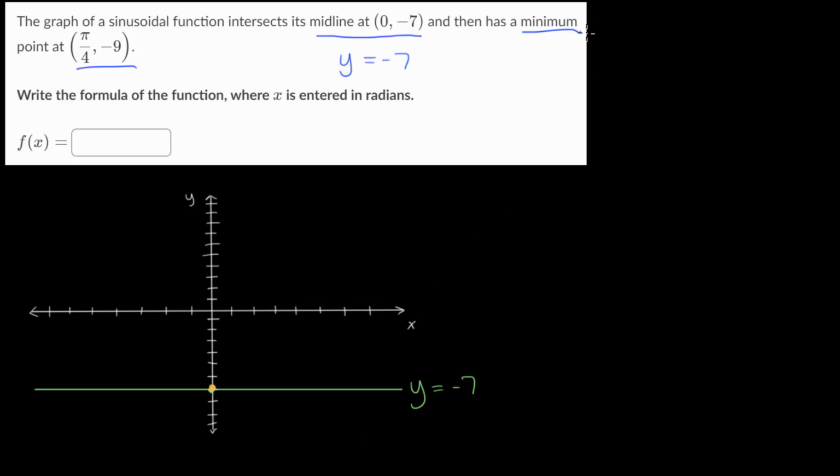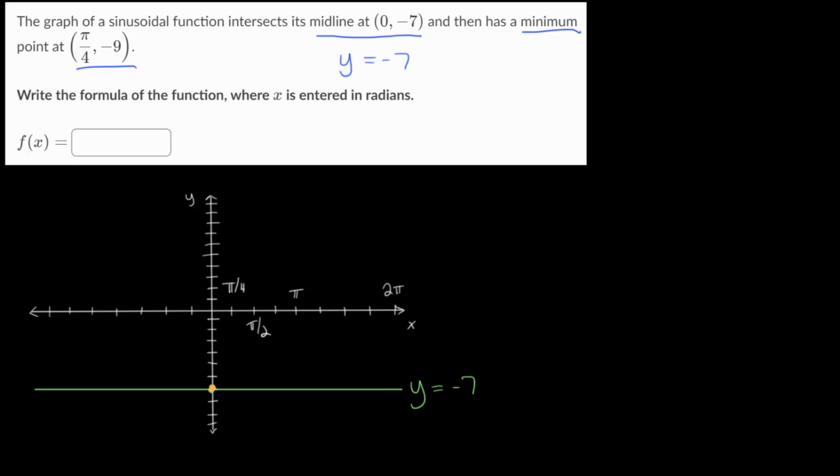We can also plot this minimum point at (pi/4, -9), though we will need to decide on a scale to use. The y-axis just counts by 1, but for the x-axis, let's count in multiples of pi/4. So this will be pi/2, we get 3pi/4, this will be pi, and so on. 2pi will be all the way over here.